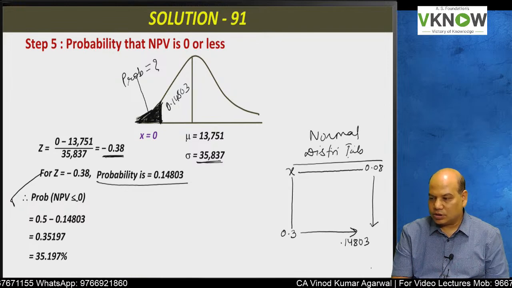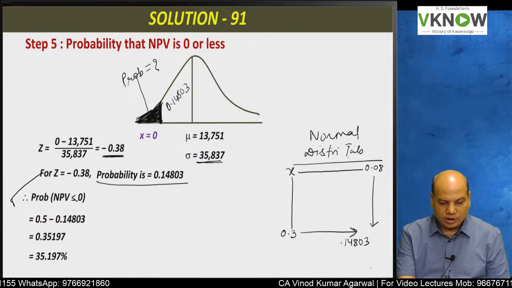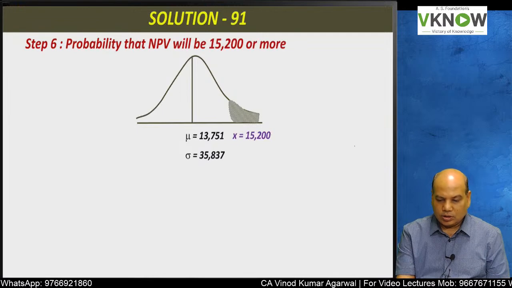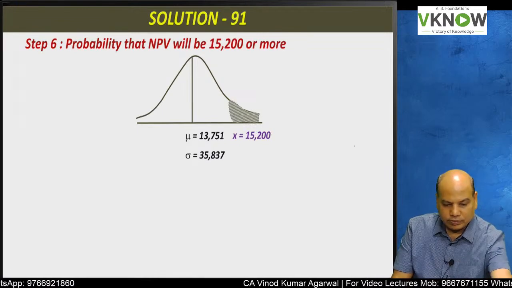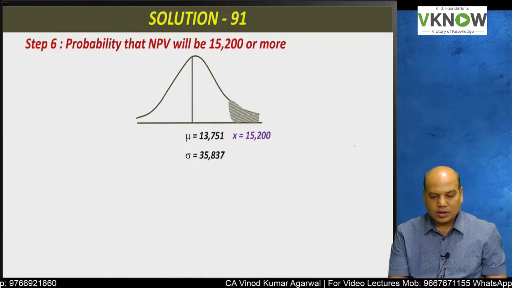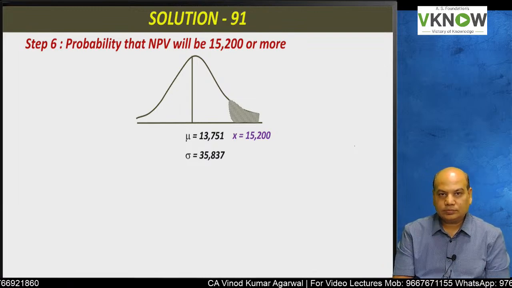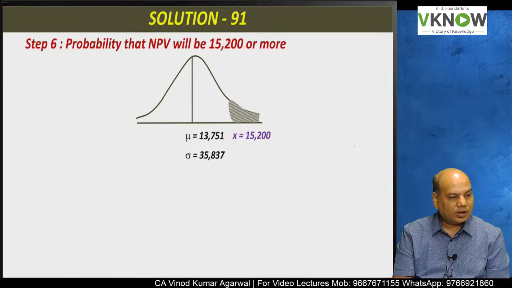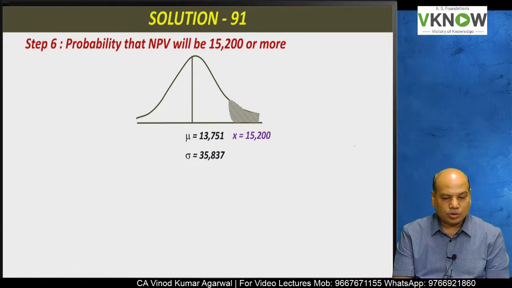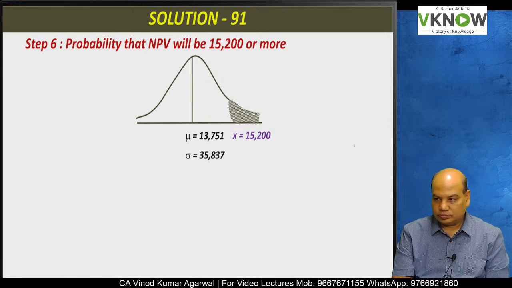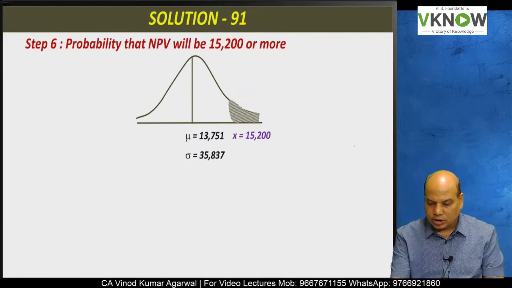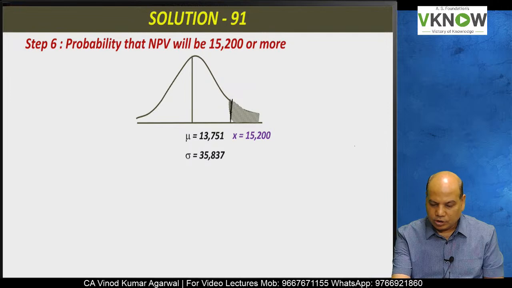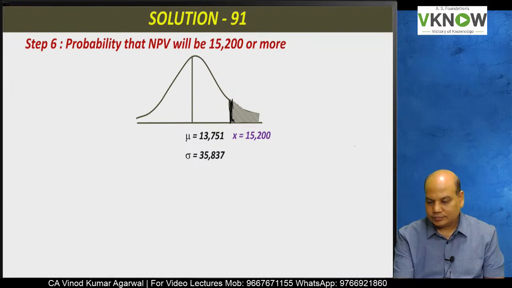Any query up to this? One more probability they have asked you. Step 6, write down: probability that NPV will be 15,200 or more. 15,200 will fall on the right side.